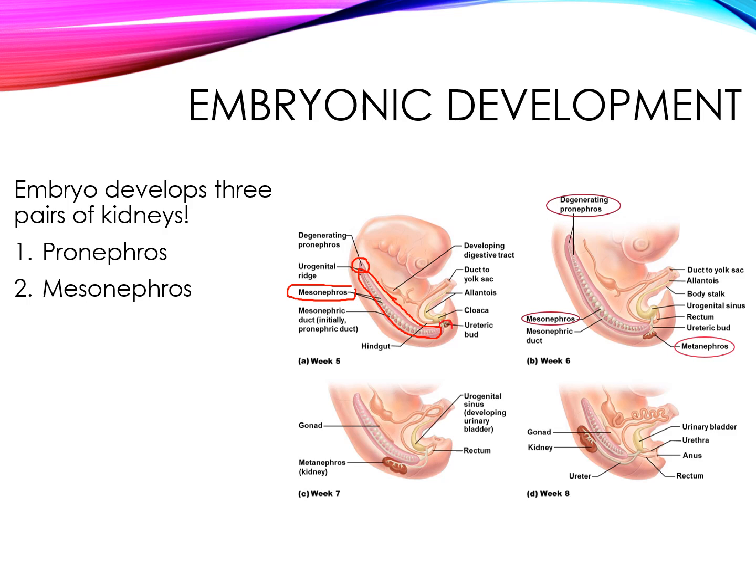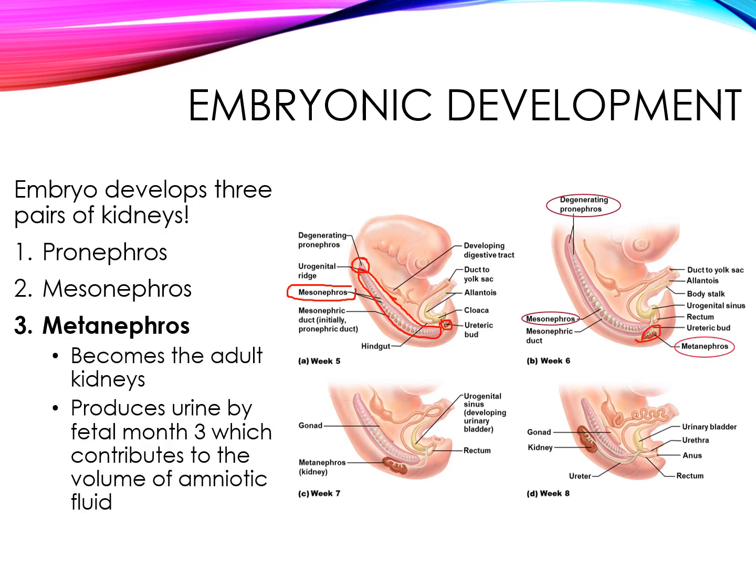So now we're going to finish up with a little bit of embryonic development of the kidneys. And the cool thing about this is that you actually develop 3 sets of kidneys, which is kind of crazy. So you have 2 of these fetal kidneys that are going to either go away or turn into something else. And the first one is a pronephros.